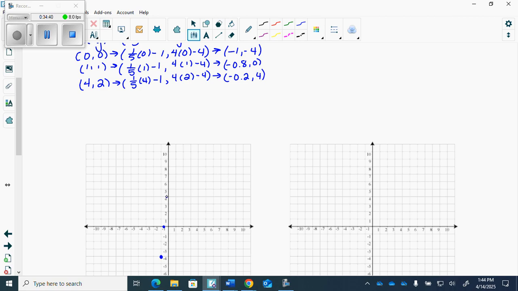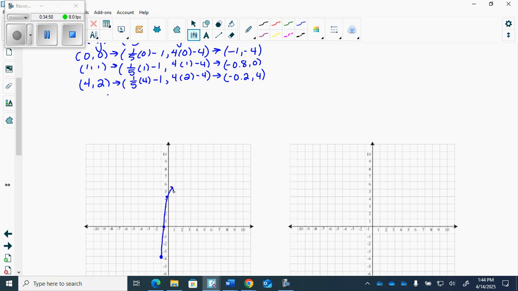I'm really squishing this baby. And then (9, 3) becomes... Anyways, I'm going to leave this so I can finish the other one.